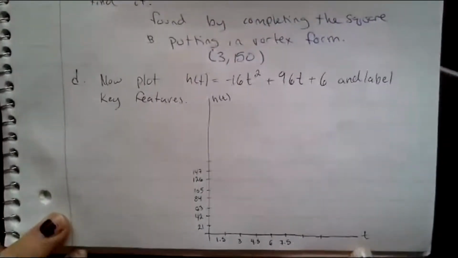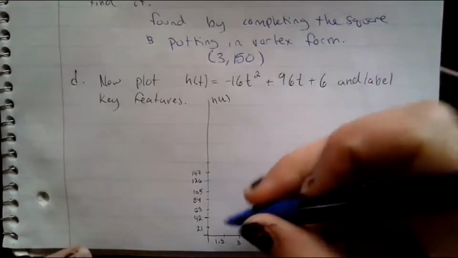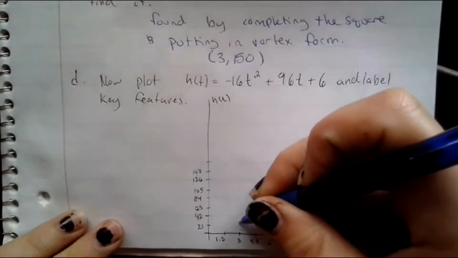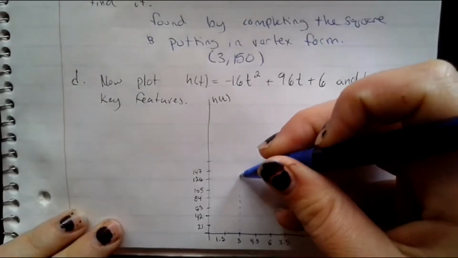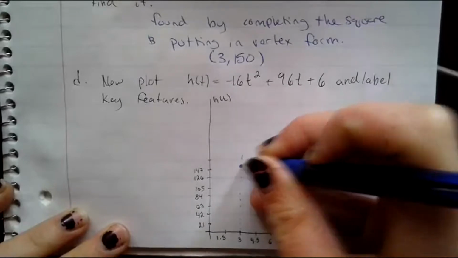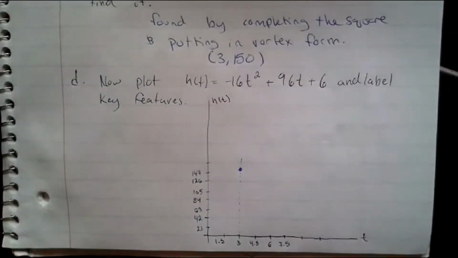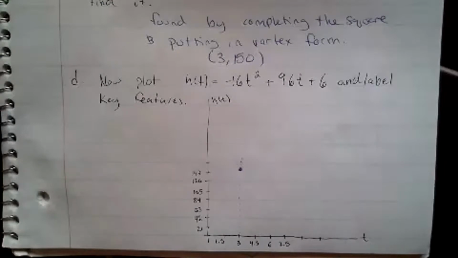All right. Now let's go ahead and put these key points on here. So we have 3 and then 150. That's our axis of symmetry there. And 150 is about right there. And I labeled it in increments of 21. And then this 1.5. Okay.